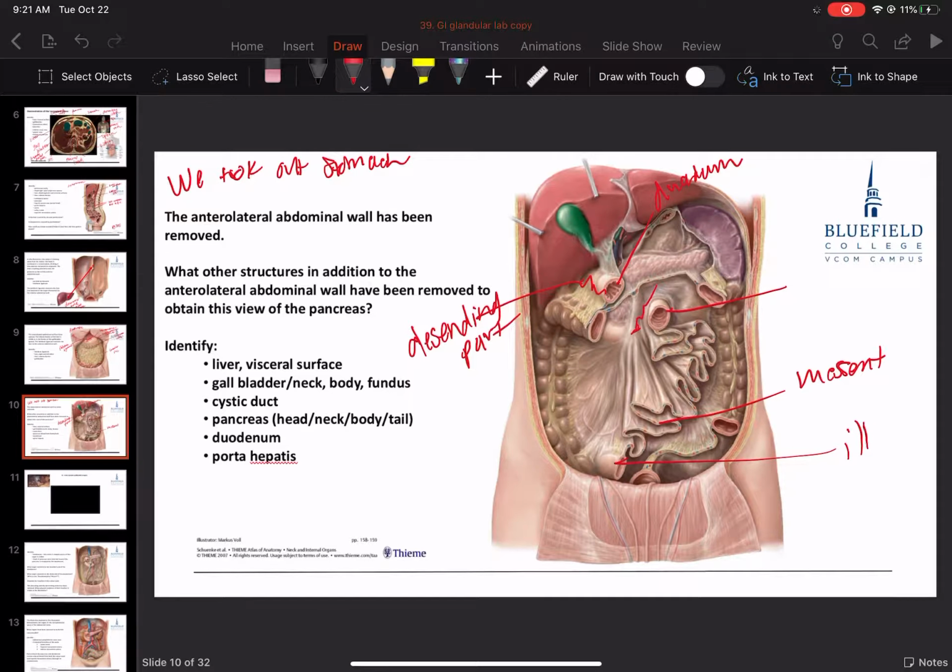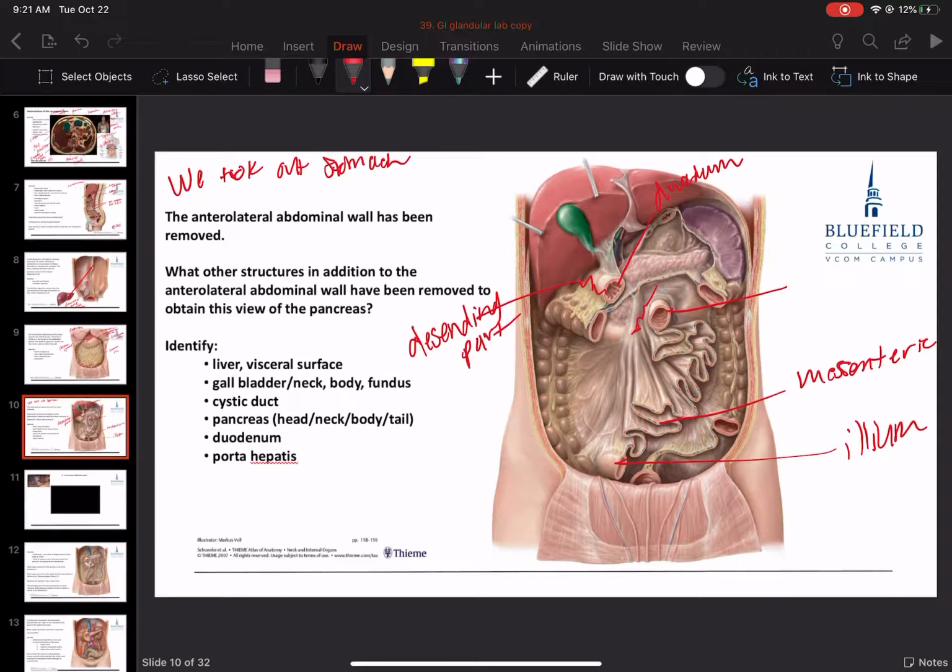So what we were really interested in up here for today's session was the glandular stuff. So here's the lesser omentum. It's a double-walled membrane, so it's coming from the lesser curvature of the stomach to the liver, and now it's going to attach to the liver and spread out to the right and left, and totally enclose the liver. It's going to go over this portion of the gallbladder.